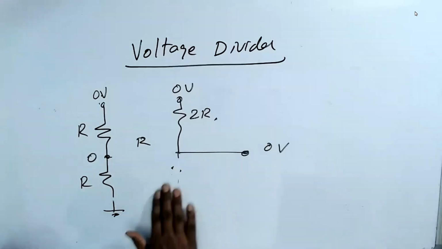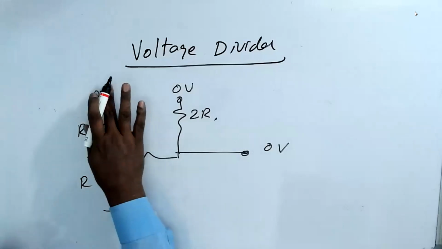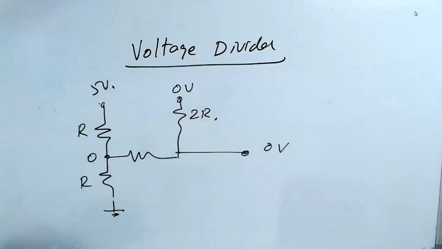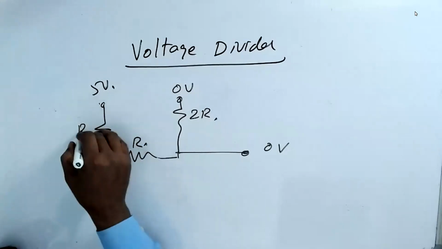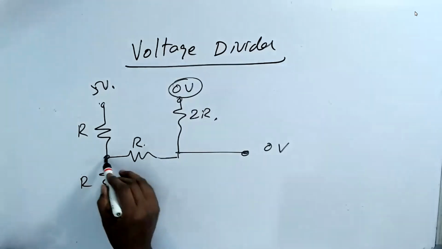Now think of it. I make this one 5 volt. What happens now? This is R. I make this one 5 volt and this is 0 volt, and this is R. No, no, I'm not asking here, I'm asking here.